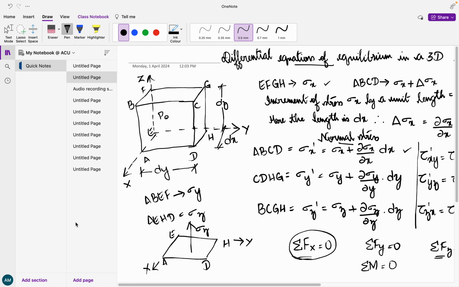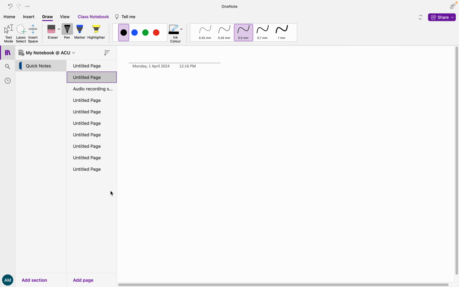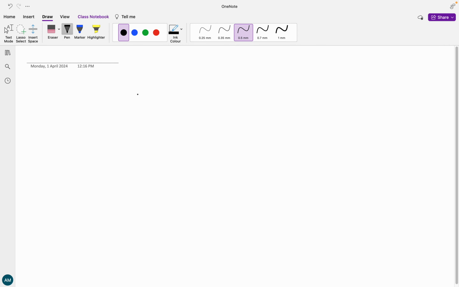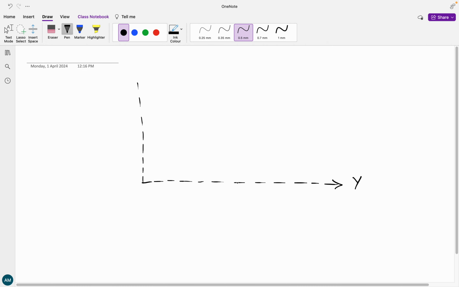I'll redraw it by including the stresses, so it becomes easy for you to understand. This is the y-axis. I'm just redrawing the same diagram, x and then z.